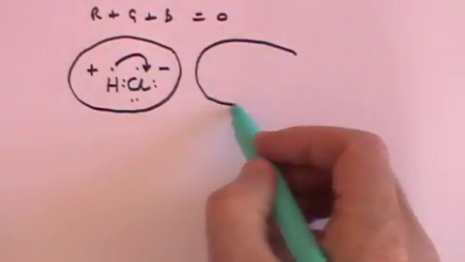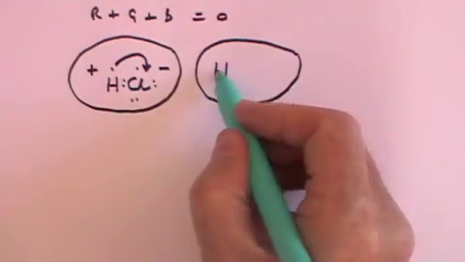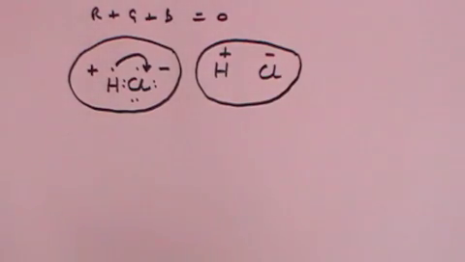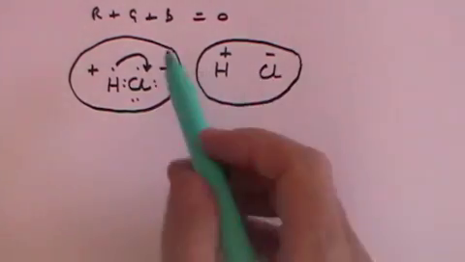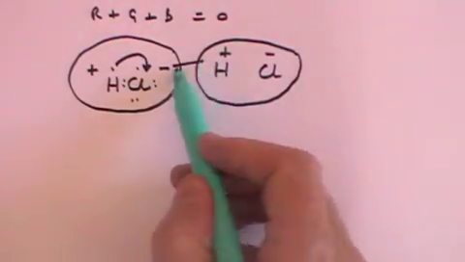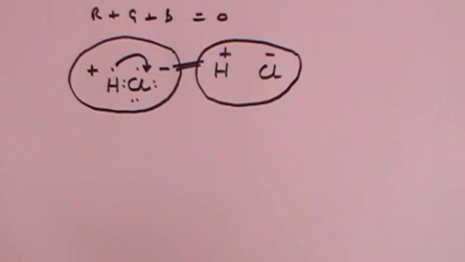This means that when another hydrogen chloride molecule comes up with this kind of dipole arrangement, a bit more positively charged on one side, a bit more negatively charged on the other, the negative charge here and the positive charge here attract, and you get a bond. It's one of the ways in which you get molecular bonding.